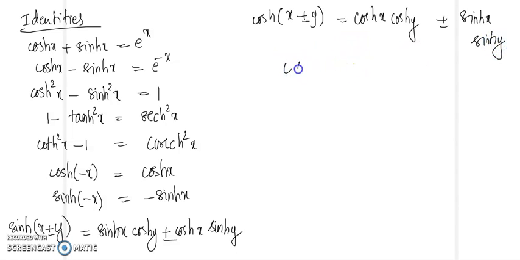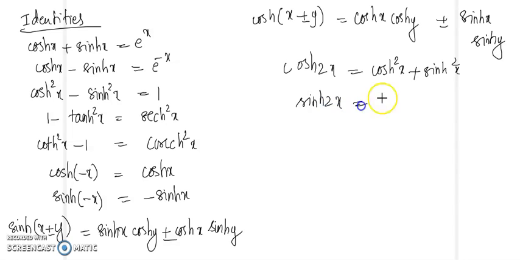Again, cosh 2x will be equal to cosh square x plus sinh square x. Similarly, sinh 2x will be equal to 2 sinh x cosh x, that is similar.